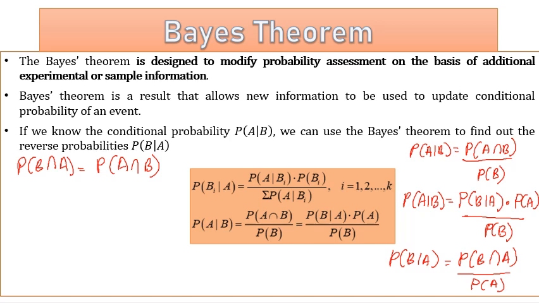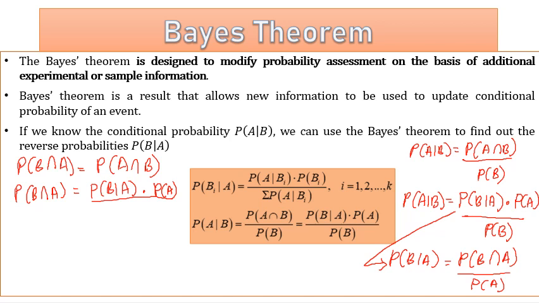For P(B given A), we take this equation, from this equation, P(B and A) we get P(B given A) times P(A).